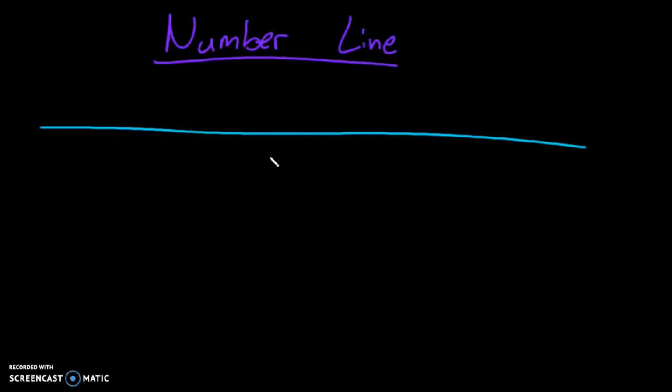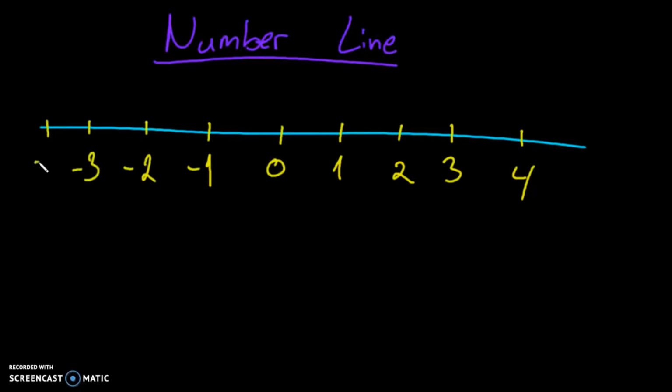So the number line is a line that has numbers. The name says it all. 0, 1, 2, 3, 4. And we also have, as we said, numbers that are below 0. Negative 1, negative 2, negative 3, negative 4, and so on.